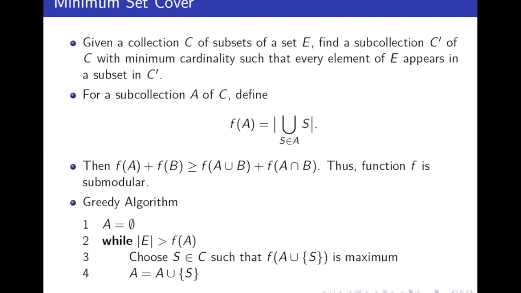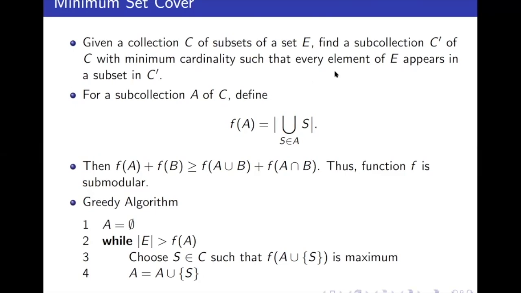Okay, then we can look at a minimum set cover problem. Given the collection C of subsets of set E, we find a subcollection C prime of C with minimum cardinality such that every element of E appears in a subset in C prime. So that means that we have a minimum set cover.